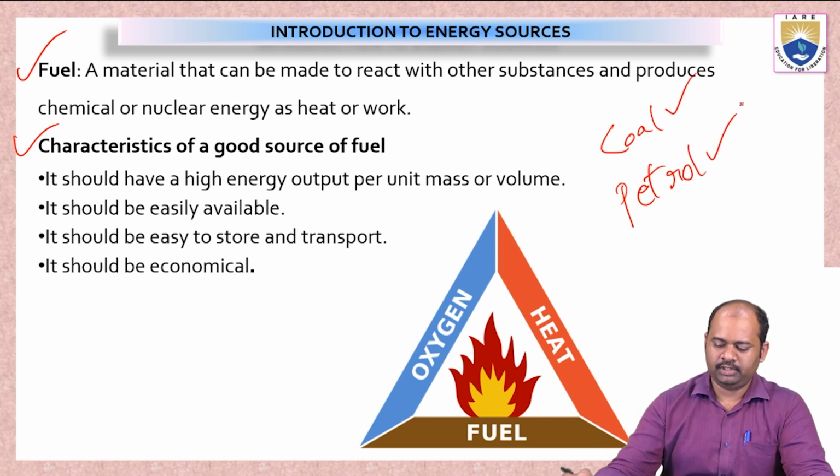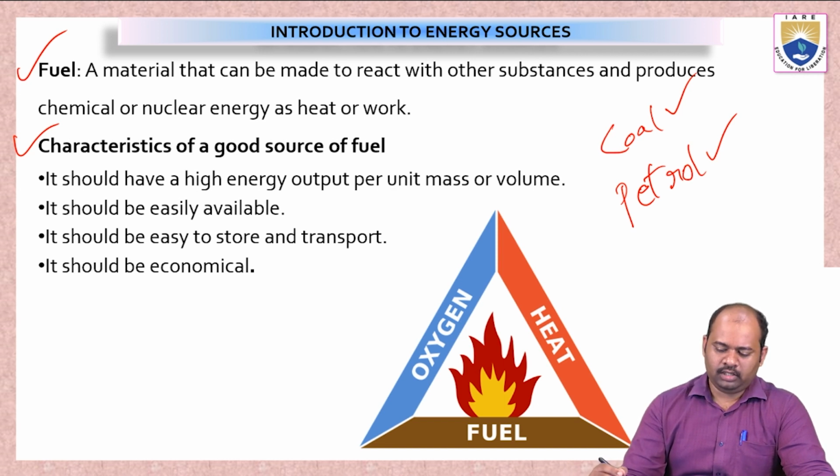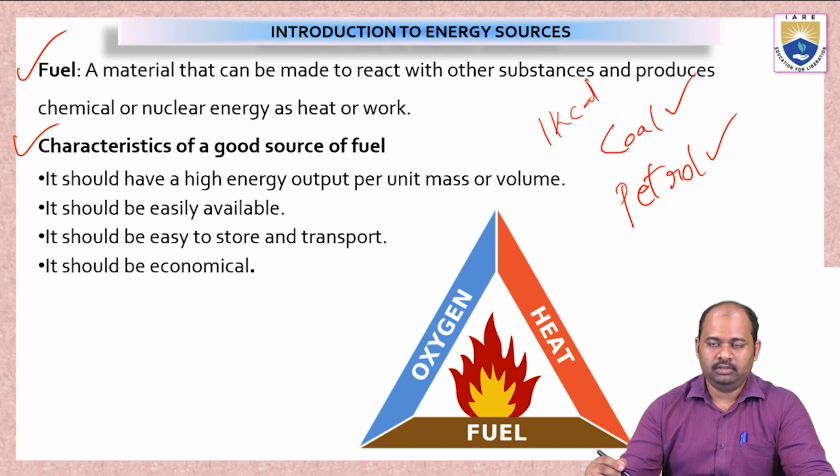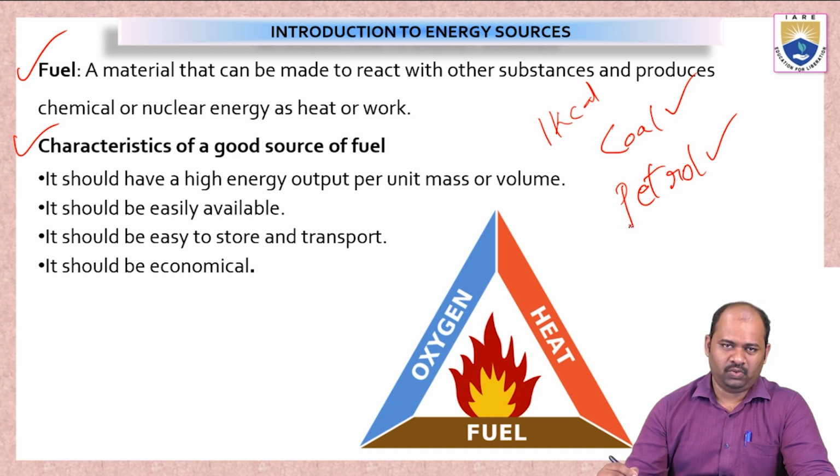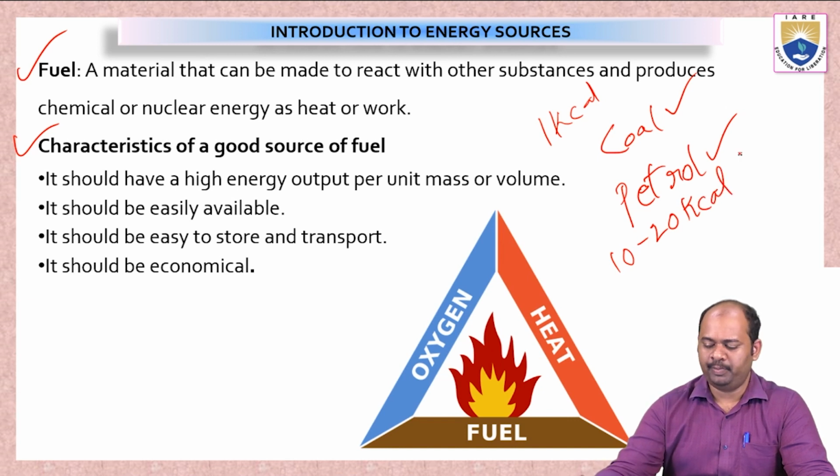So when we take the examples of coal and petrol, what happens? 1 gram of coal can produce like 1 kilocalorie of energy, whereas 1 gram of petrol can produce like 10 to 20 kilocalories of energy. So based on this, we can compare that depending on the application, where the fuel is being exactly used, we have to select a perfect fuel.